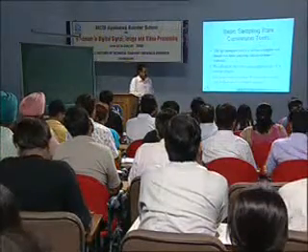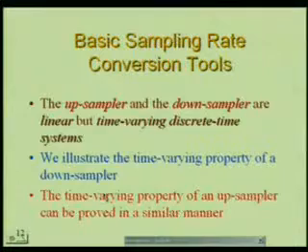The upsampler and the downsampler are linear, but time varying discrete time systems. This is a very important point. When we talk about multirate digital signal processing, we should understand the features of upsampler and downsampler. Basically, they are linear devices.